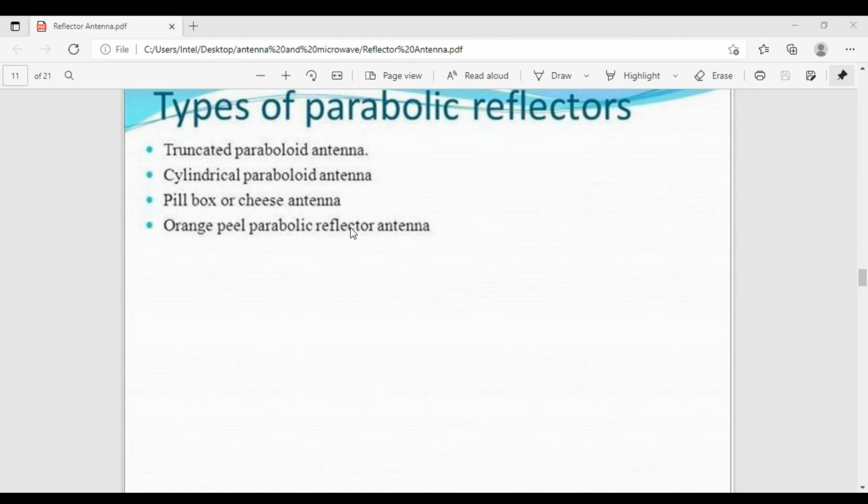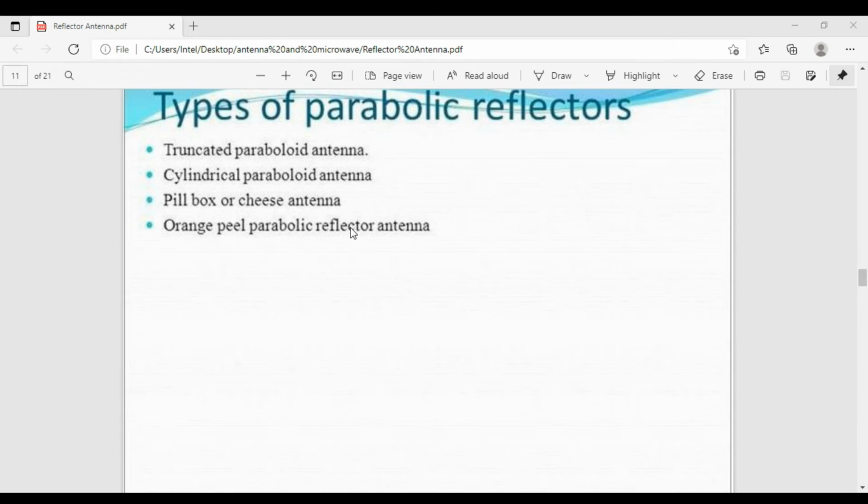Then it is the pillbox. The third type, which is commonly used, is a short parabolic cylinder enclosed by parallel plates. It is known by its shape as the cheese or pillbox antenna.